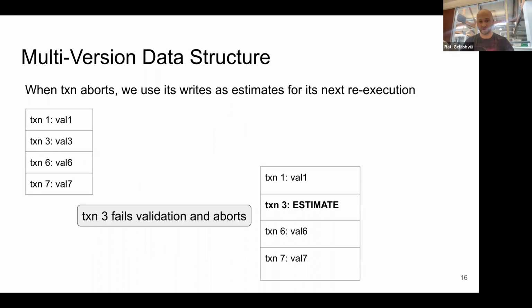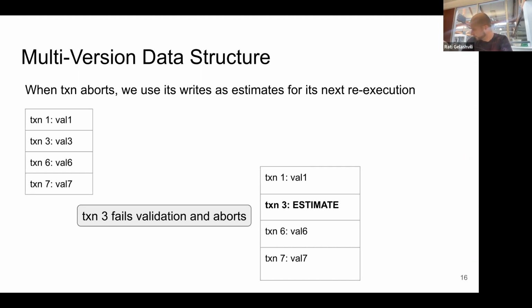Whenever a transaction fails validation and it aborts, we know what it wrote before. We know this execution was based on some read that was not correct, so we have to re-execute it. But these writes are already in the data structure, so we go and mark these writes as an estimate.